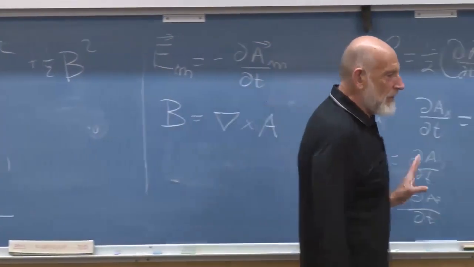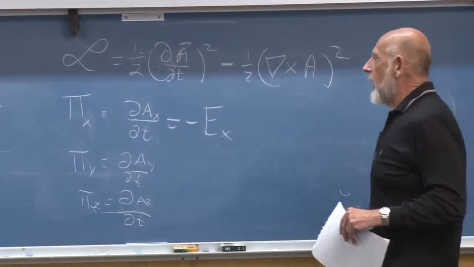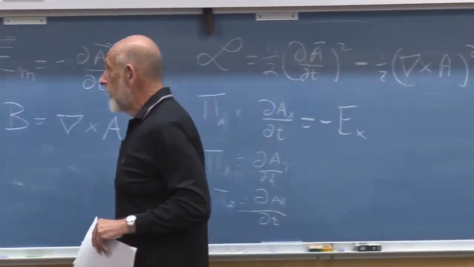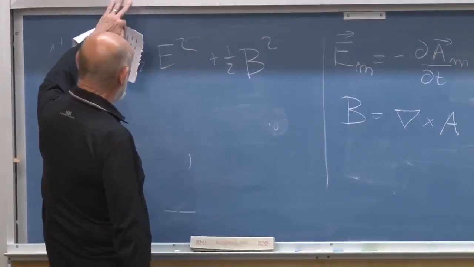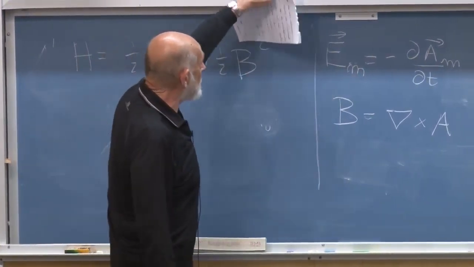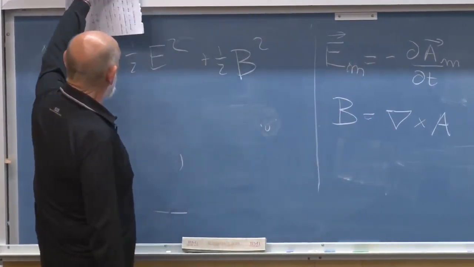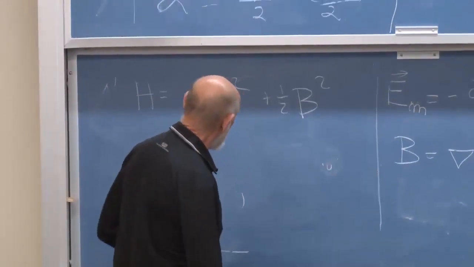We're setting the speed of light equal to 1, so 1/2 (E squared plus B squared). It's analogous, everything is entirely analogous, although not identical, to the Lagrangian here being phi dot squared over 2 minus gradient of phi squared, and the Hamiltonian being phi dot squared plus gradient of phi squared.